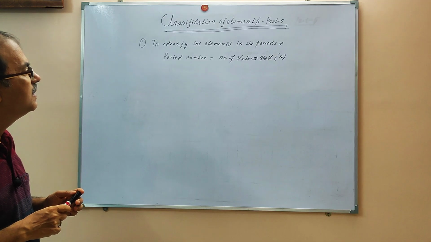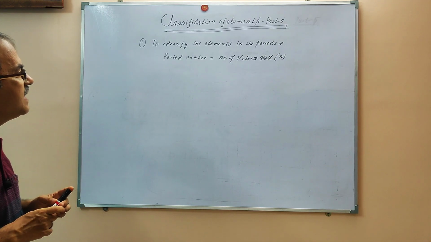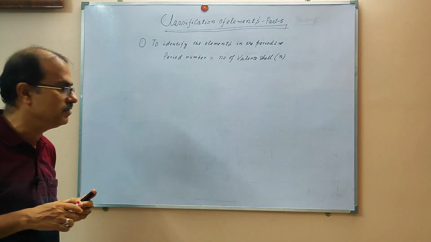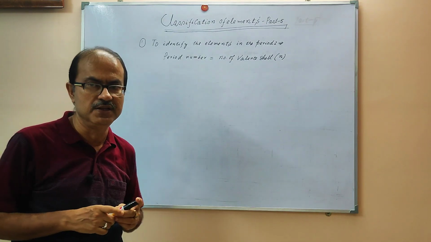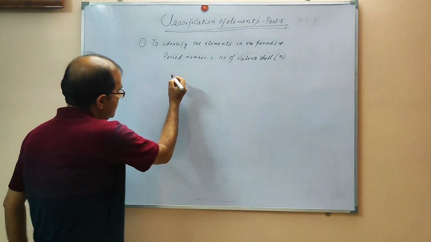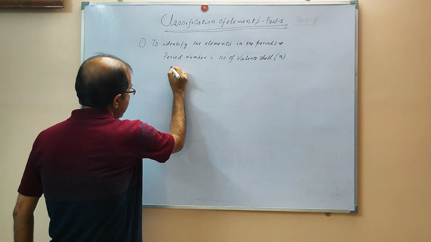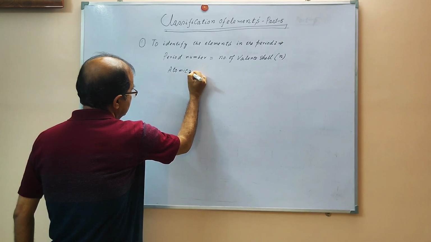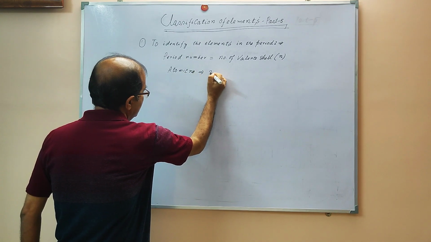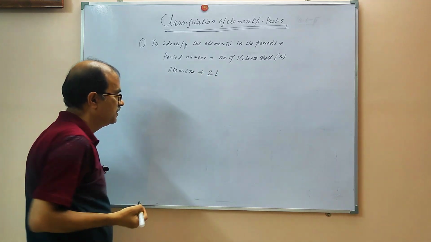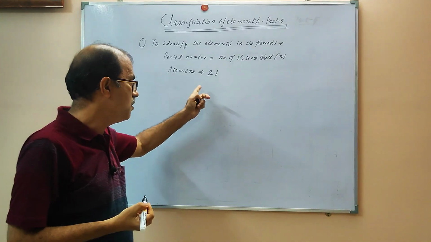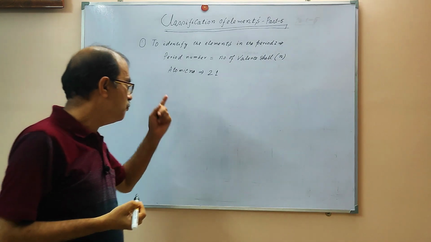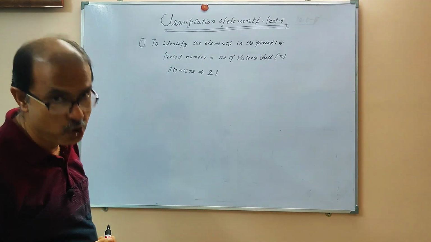Let us take one example that will give us clarity. Suppose you have been given the atomic number 21, and from this atomic number you have to tell in which period this element belongs.